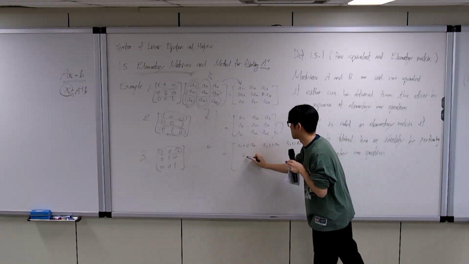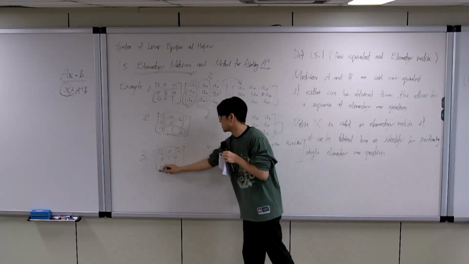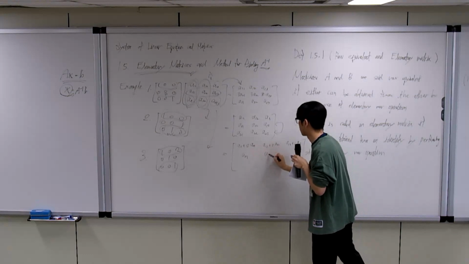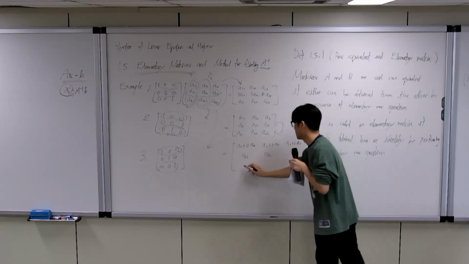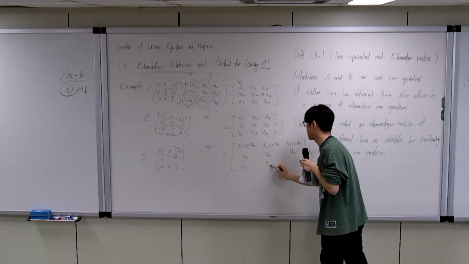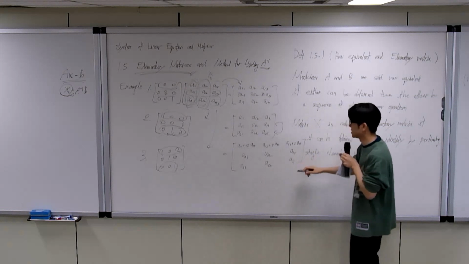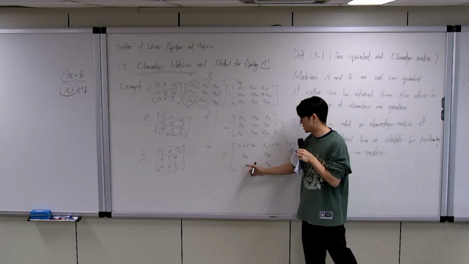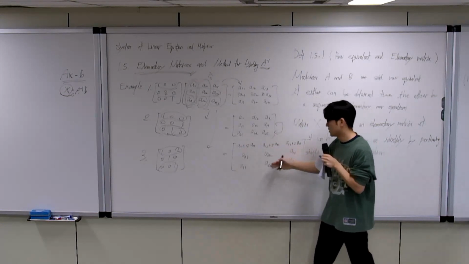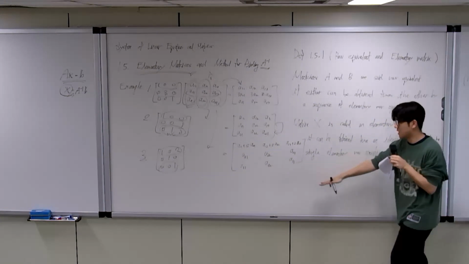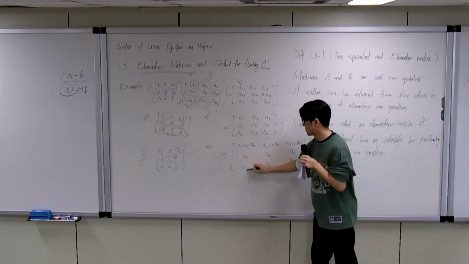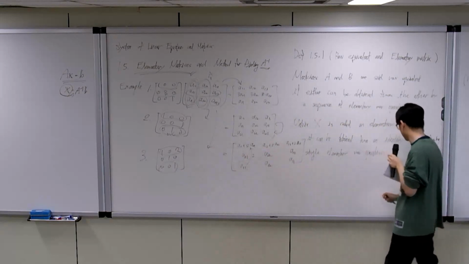And another one is the same because it does not change from the identity matrix: 2, 2, a 2,3, a 3,1, a 3,2, a 3,3. So it means the multiplication to the first row, 2 times the third row, by multiplying 2.